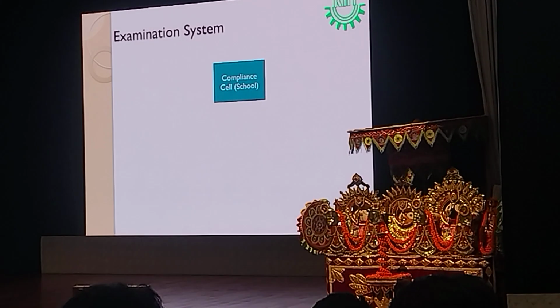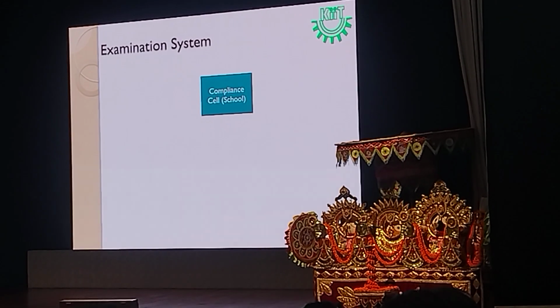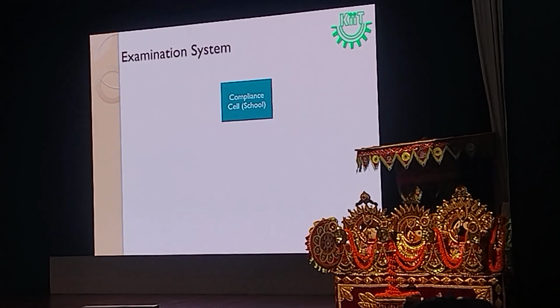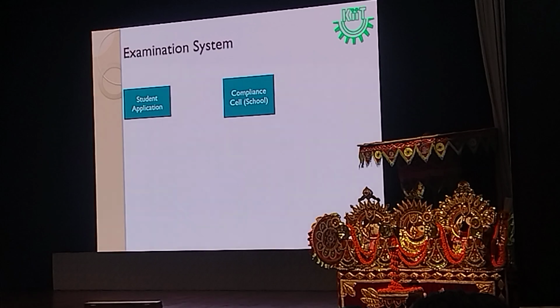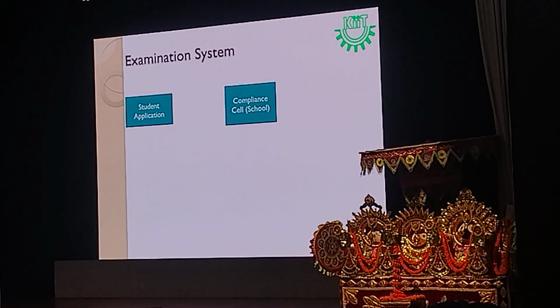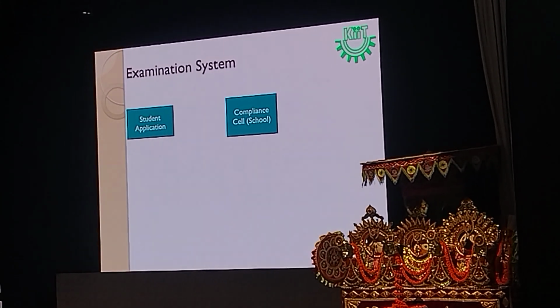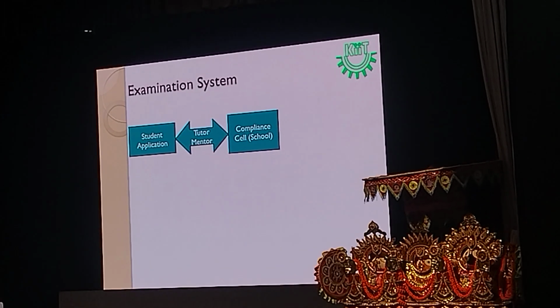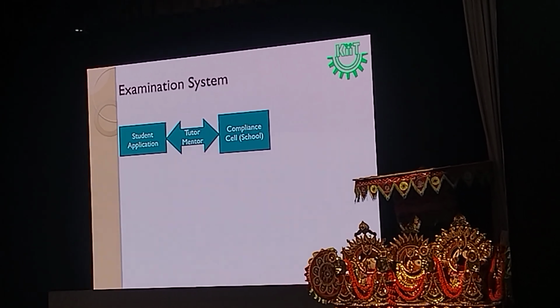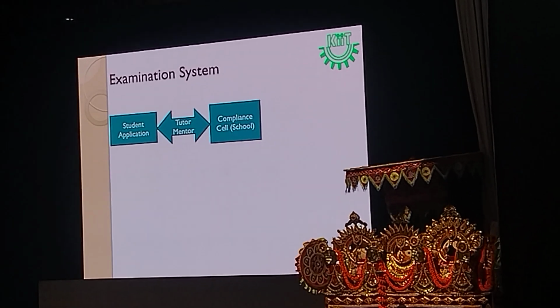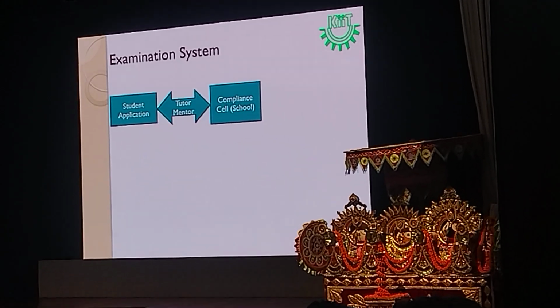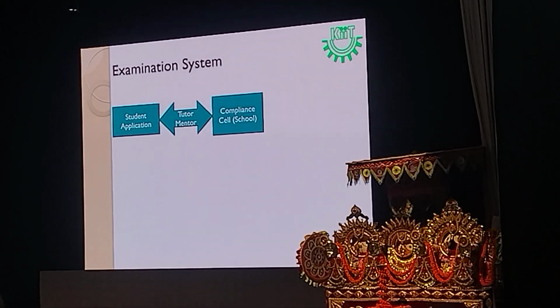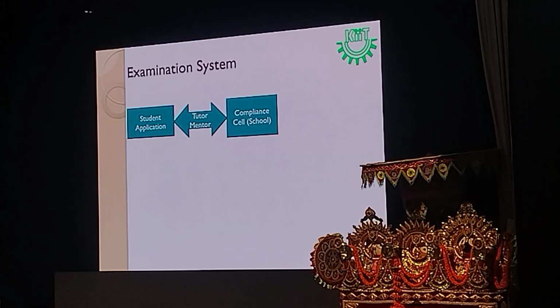Now, if you have any grievance or any issue related to examination, you need to contact the compliance cell of the school. For first semester, you will be informed where to submit your issue related to examination, and for that your tutor mentor is the interface. You should contact your tutor mentor to raise any issue related to any academic activity or even examination.